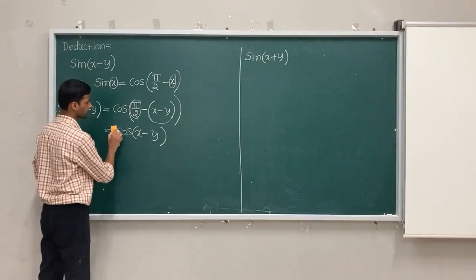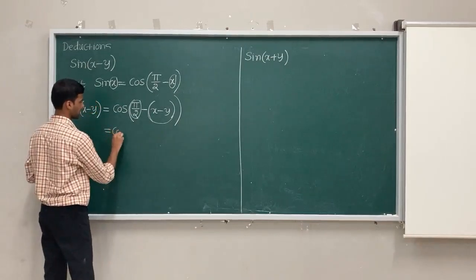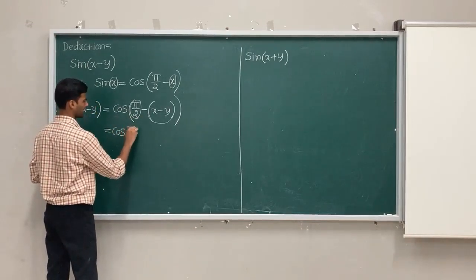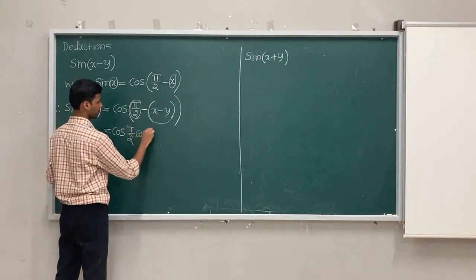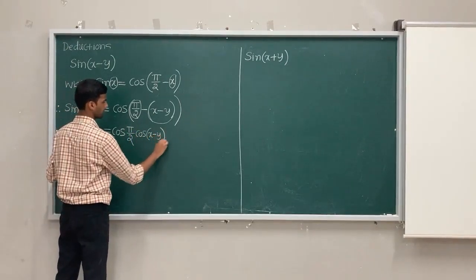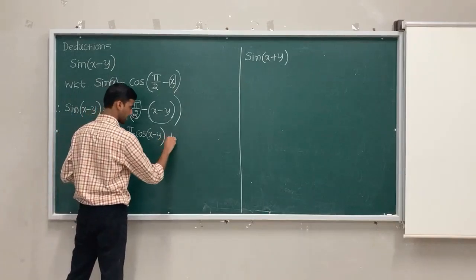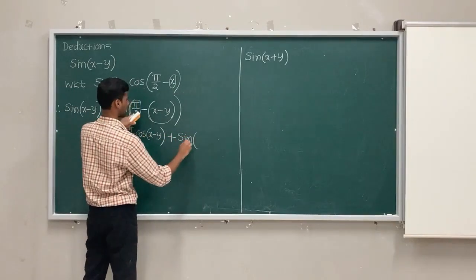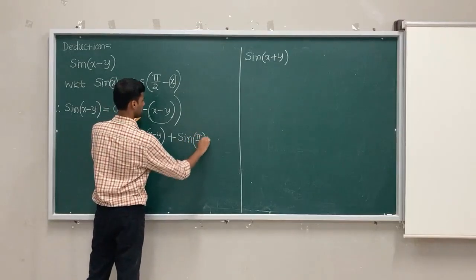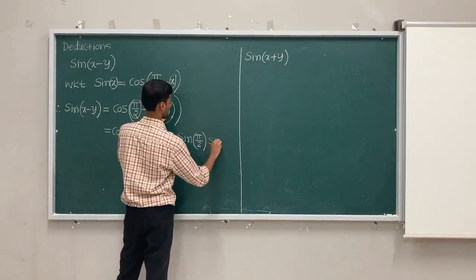We know the cos of x minus y result. What is cos of x minus y? It is nothing but cos x into cos y plus sin x into sin y.